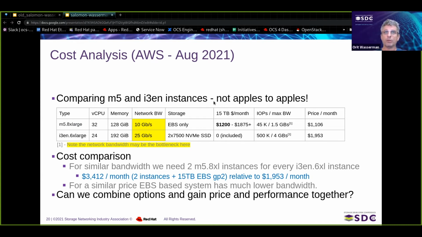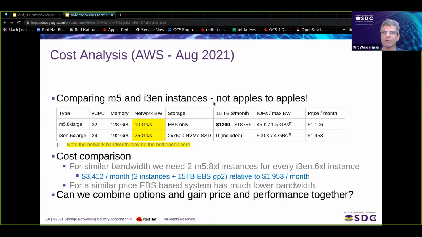Another assumption that we took is comparing to flat rate EBS volume type, GP2, which provides limited bandwidth. But for other types, price comparison is way more challenging. And last note is that when the devices are under full load, the network becomes the bottleneck. Yet I assumed the two M5.8XL instances provide the same performance as a single I3N.6XL instance.